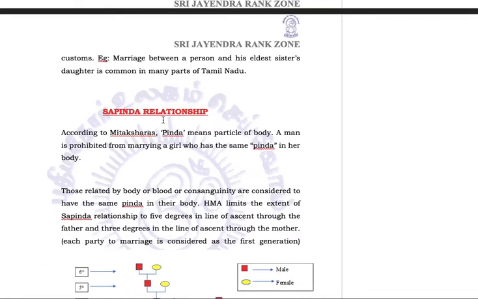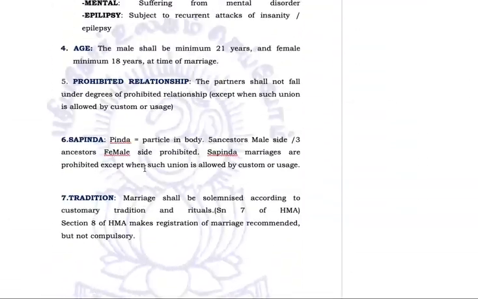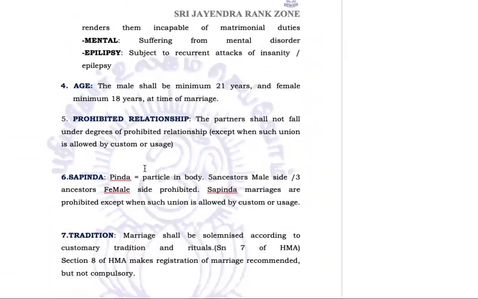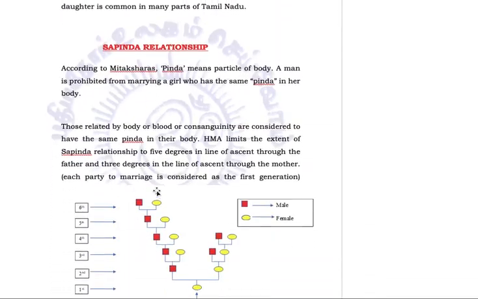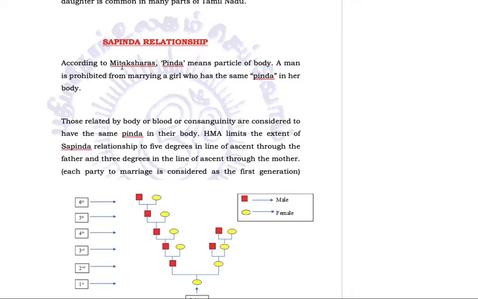Now, the sapinda relationship. In our previous class, we discussed that you cannot marry if you are sapinda to each other. Now understand what sapinda is. Mitakshara and Dayabhaga are two schools of thought, and we often go back to them to understand the meaning of particular terms. The law does not define sapinda, but we see in Mitakshara what a sapinda is.